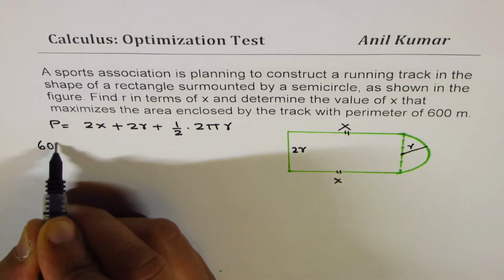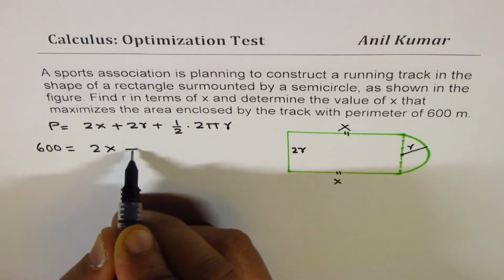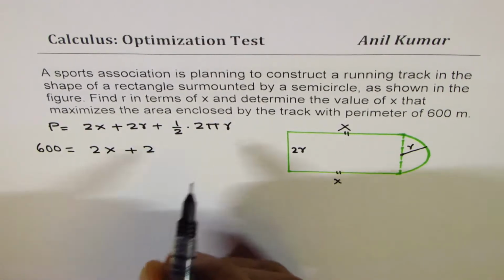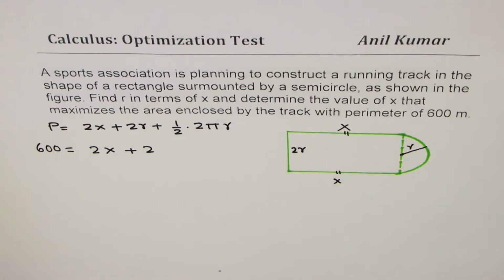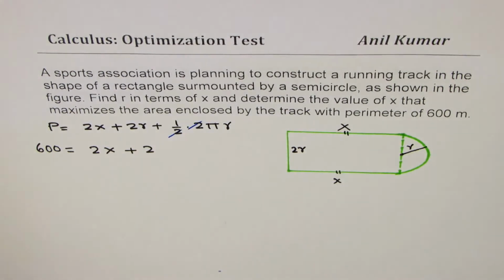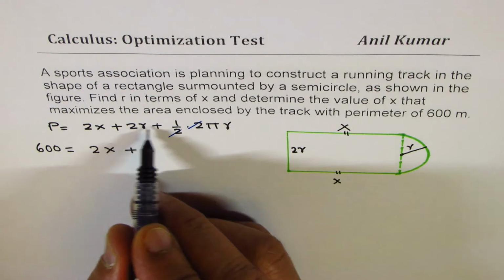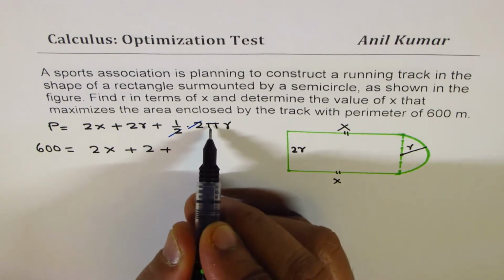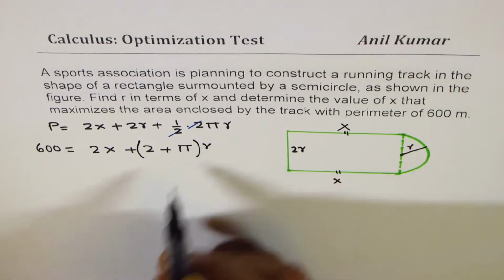We can write this as 600 is equal to 2x plus 2r plus pi r. Now we can take r common. This can cancel 2 and 2. Since we need to isolate r, we'll take r common. So we can write 2 plus pi here, and we are taking r common.